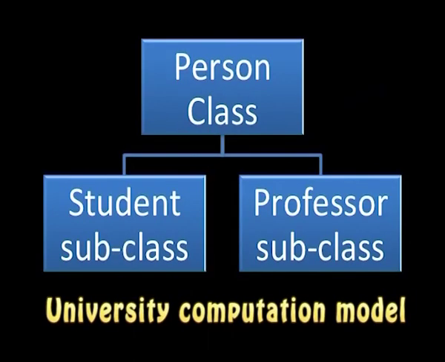For example, a computational model of a university might need a class person to represent the various people who make up the university. A subclass of person might be student. Students are a kind of person. Another subclass might be professor. Both students and professors can exhibit the same kinds of behavior, since they are both people.